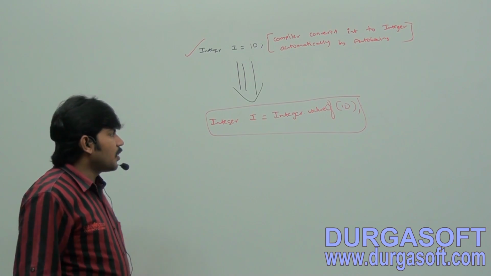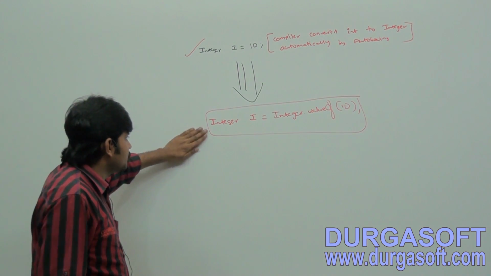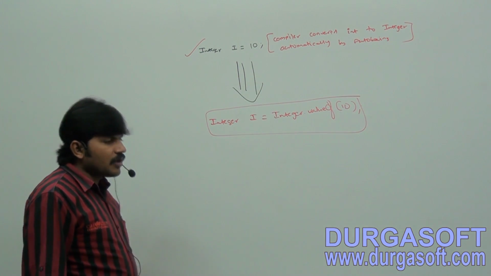After compilation, the above line will become Integer i = Integer.valueOf(10).